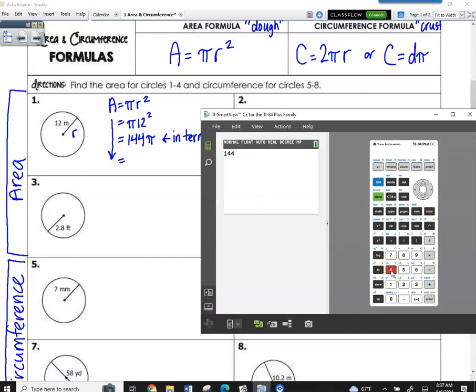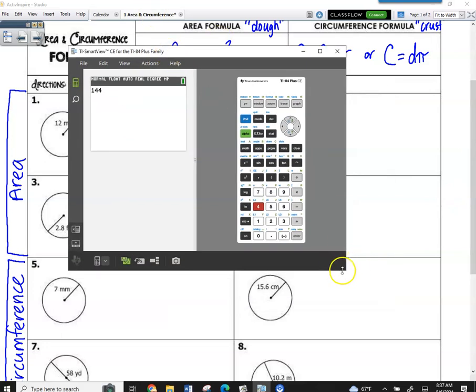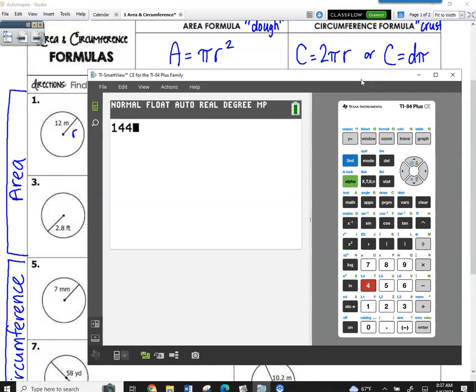To get pi, you're going to push second, and then it's this little button that looks like the roof of a house, and then you just hit enter.